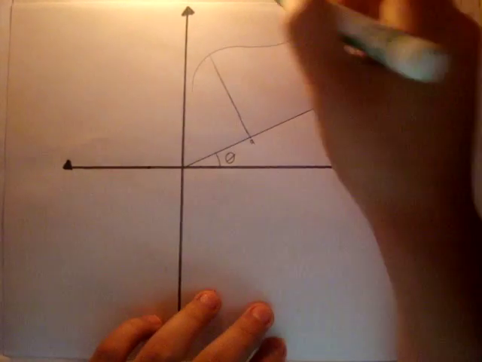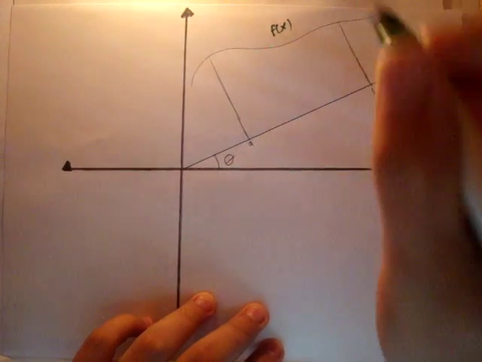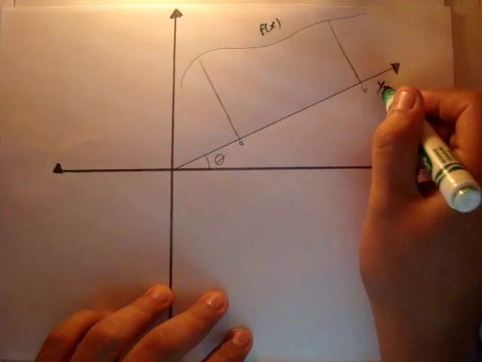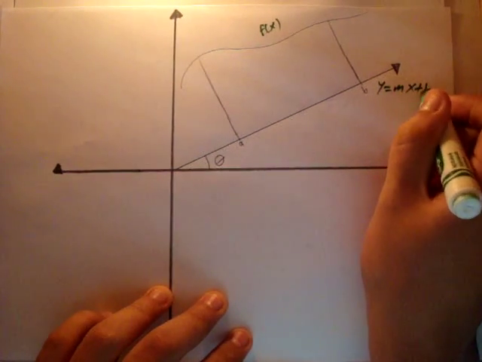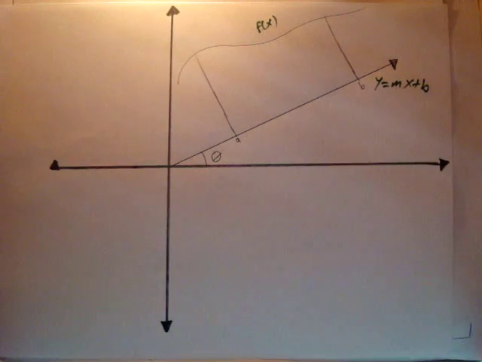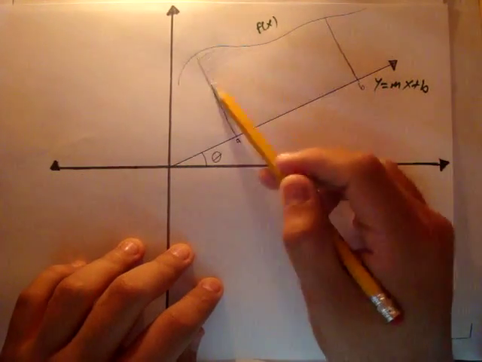For example, here we have a function f of x, and here we have some slant line, which you know will be y equals mx plus b. Now, what happens if I revolve this around the slant line? Well, visually, it's not that hard to understand. Our area of interest is right here.